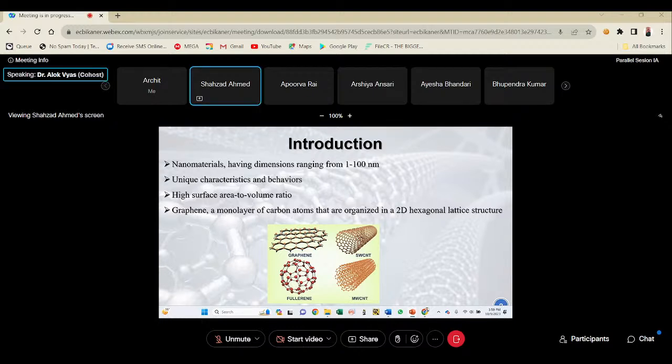The first is graphene, a monolayer of carbon atoms organized in a two-dimensional honeycomb-like structure. Then single-walled CNT, multi-wall CNT, and fullerene. Fullerene is a zero-dimensional structure of graphene, and SWCNT is the one-dimensional structure of graphene.